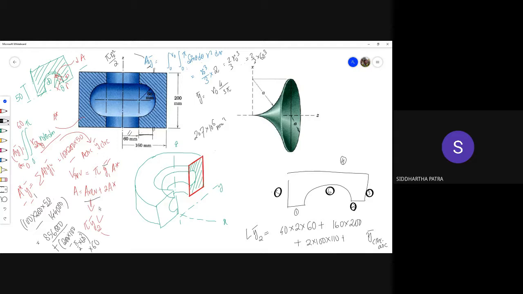So with that, you will have your A times y1 bar as measured from z axis. So 200 times 100 minus pi by 2 times 60 squared times 60. So with that, what value are you getting for A star times y1 bar?